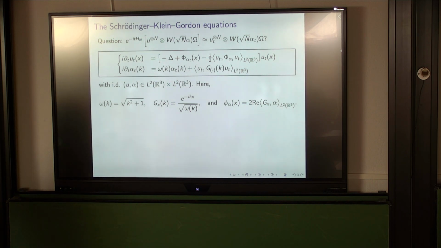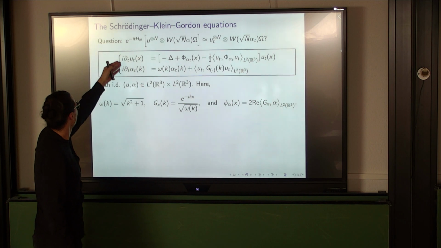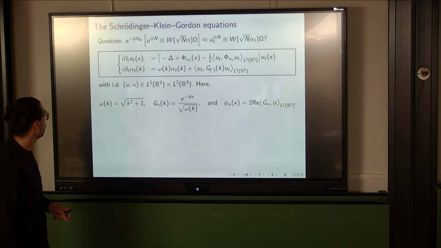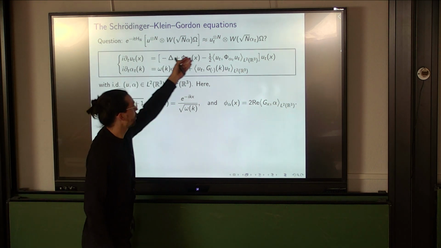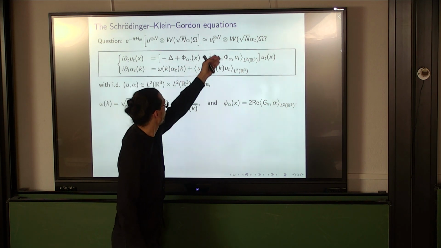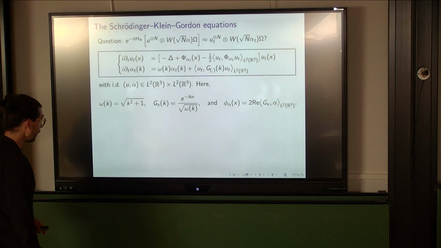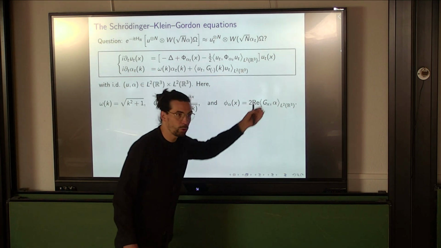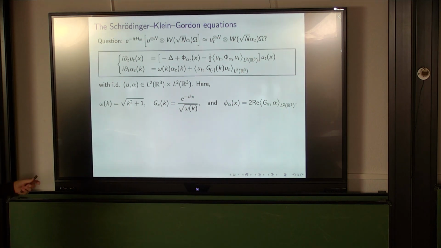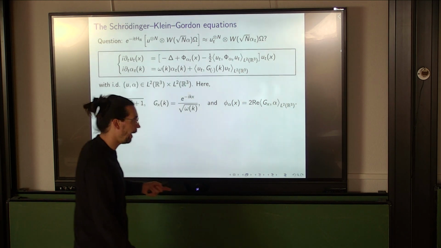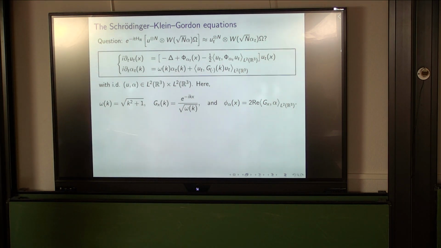The Schrödinger-Klein-Gordon equations describe the evolution of the condensate wave function and a classical field. The first equation is just a Schrödinger equation, where we now couple to a classical field. This is just a time-dependent constant. If we look at the field, we can express it in terms of a mode function. Basically, this is the quantum field from before, but we just replaced A by alpha and A star by the complex conjugate of alpha.